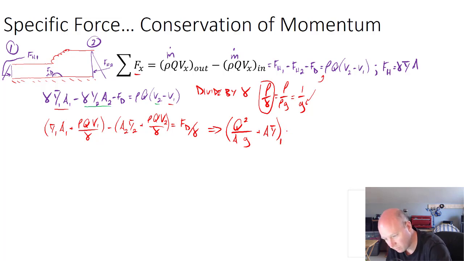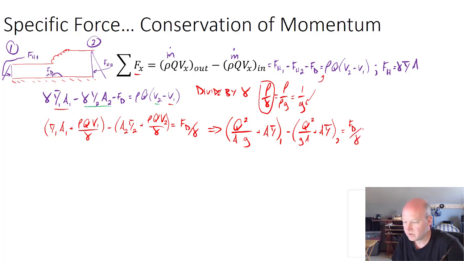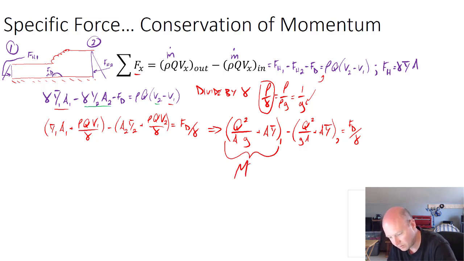So there's the expression for section 1. Here's the one for section 2. And so basically what we can do is say, this thing right here, let's call that specific force.